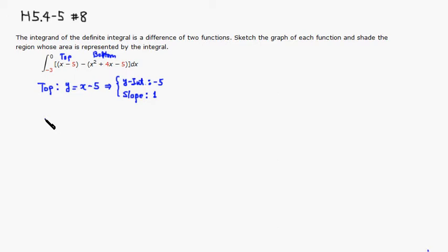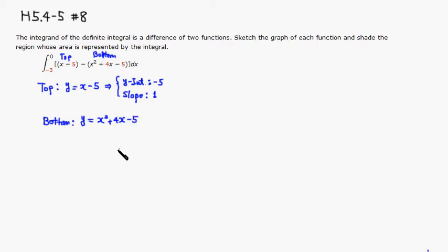And the bottom one is a quadratic function, so it's going to be a parabola. So y equals x squared plus 4x minus 5.